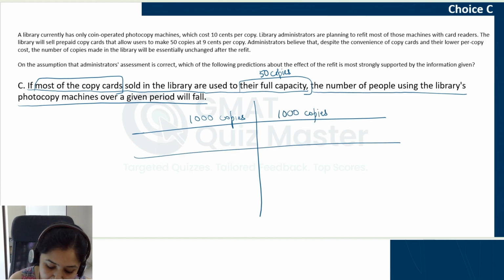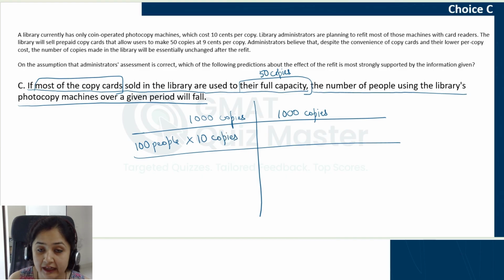Now, earlier, let's say there were 100 people and they were taking 10 copies each, and this gave 1000. Now, let's say that 10 people out of these 100 have taken the cards.